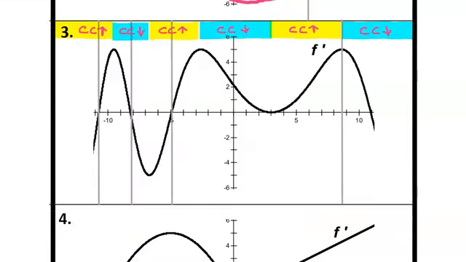We see that f prime is below the x-axis in this interval, in this interval, and in this interval. F prime is above the x-axis from here to here, and from here all the way to here.